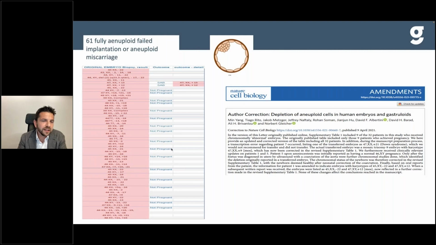In his experience, out of the 61 fully aneuploid embryos that were transferred, none resulted in a live birth, but some resulted in a miscarriage with the same karyotype that was predicted in the PGT-A cycle.